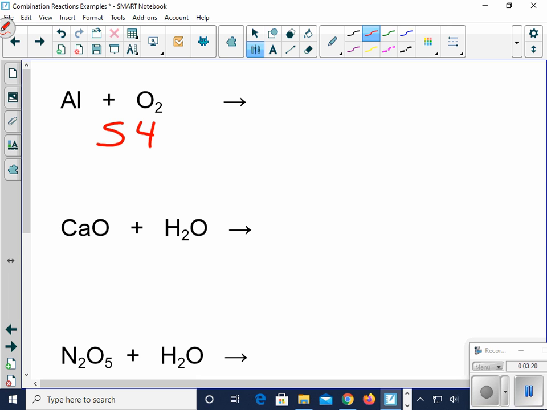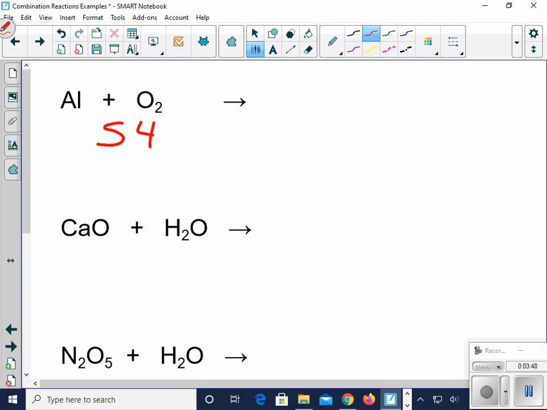And you will need to be able to classify these. Okay? So this reaction is an S4. A metal plus oxygen yields a metal oxide, and it says to check the activity series. So pull out your activity series. Let's look at that.